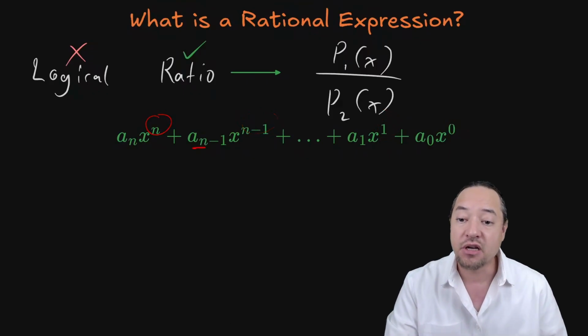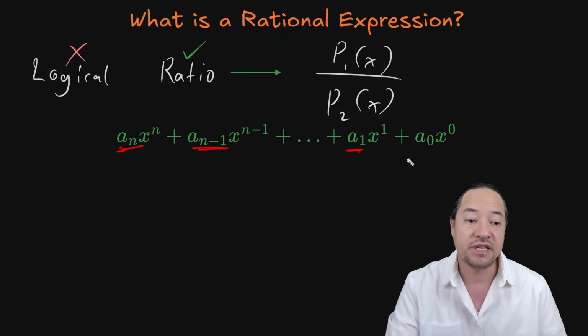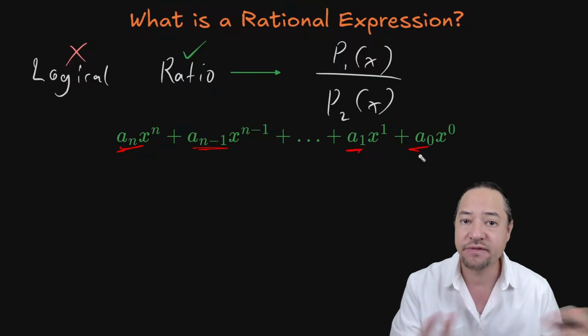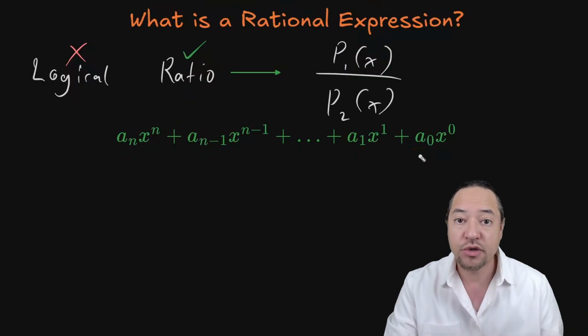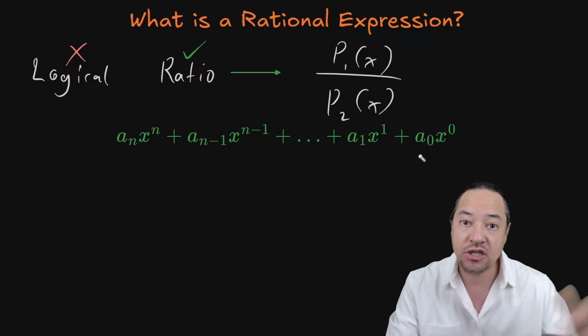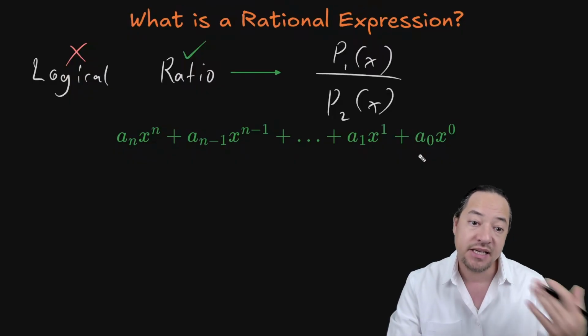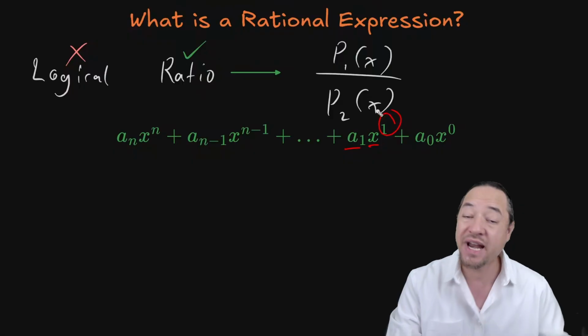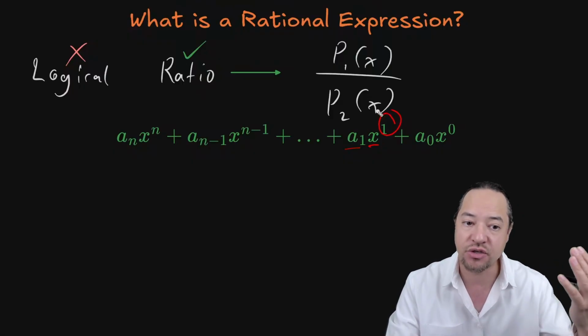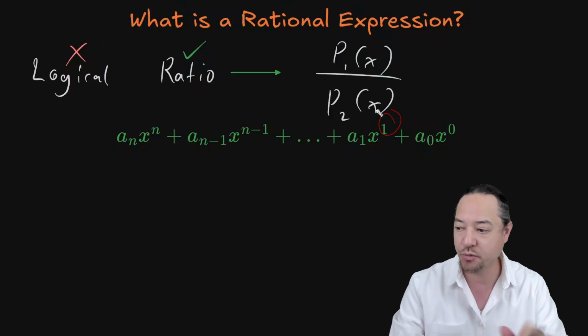And then there's going to be a coefficient in front of each of these powers of x, and that coefficient can be pretty much anything. And a polynomial can have one term, 10 terms, 2 terms, however many you want, each term being some sort of coefficient multiplied by x raised to some non-negative integer power. Okay, so that's what a polynomial is.